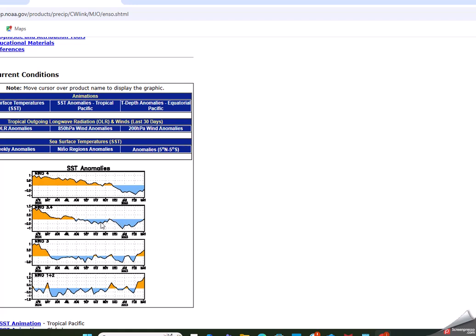And right now it's been negative for a while, not real far, but really dropped off here December to January into February. Now it's trending back to being a positive almost. So we actually were in a La Nina for a relatively short time, December, January, February. Now we're trending back to normal.